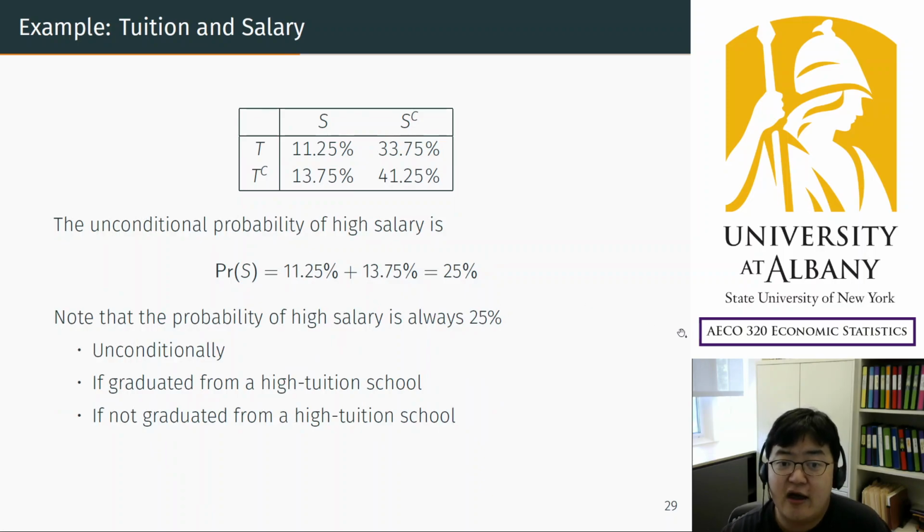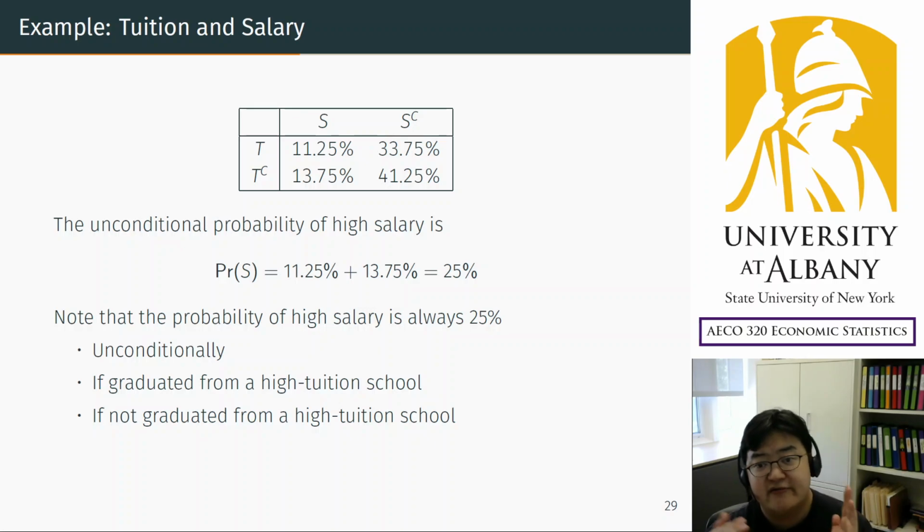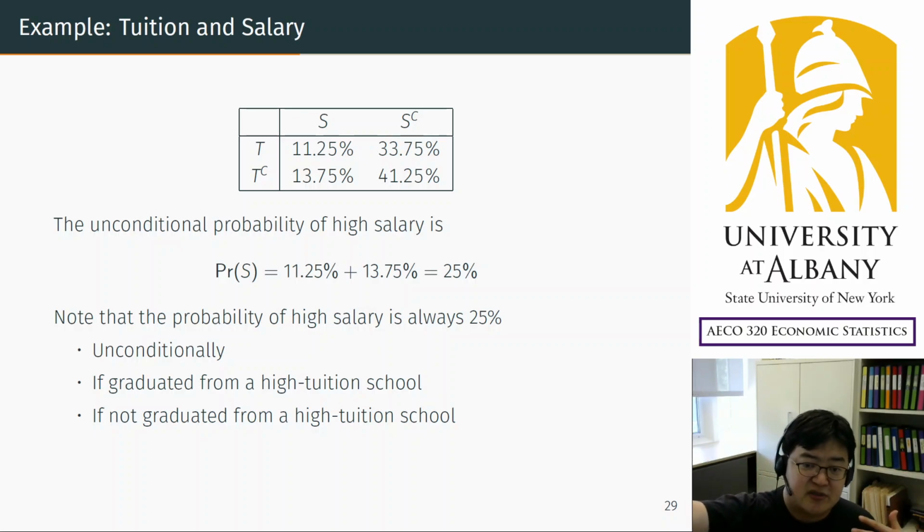So we found that the unconditional probability is also equal to the conditional probabilities, which makes sense because the probability of high salary is not affected by tuition. That is, regardless of your tuition level, the probability of high salary is 25%.